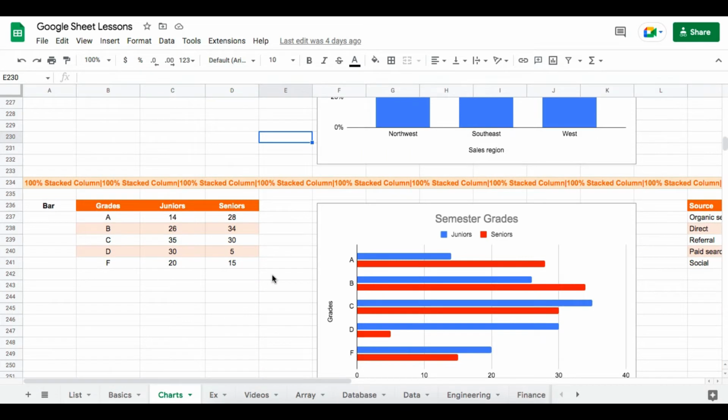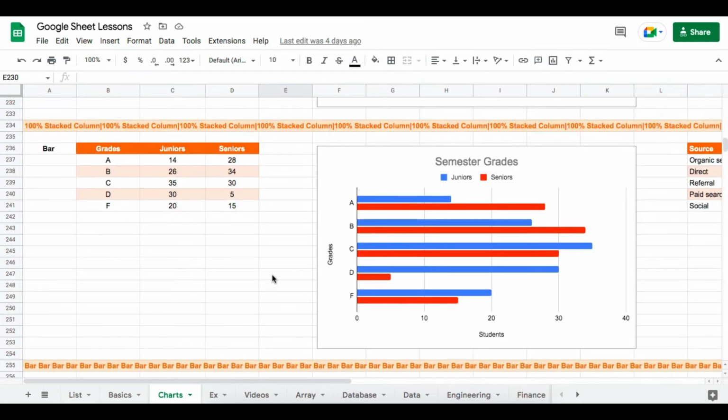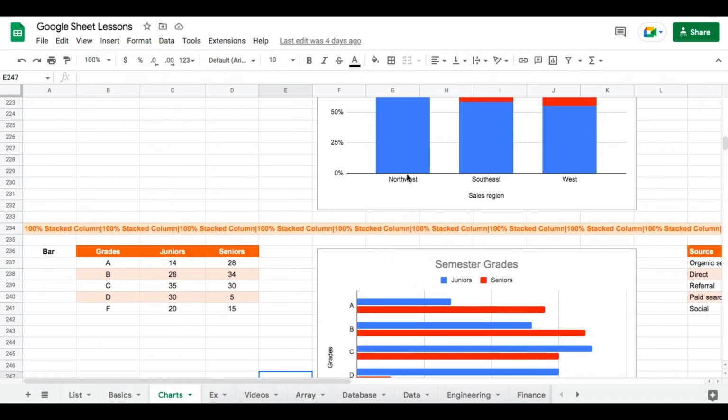Now let's look at bar chart. You can easily use a column chart, but some people like to use a bar chart. One reason people use it is if you have a long name in here, so here it says A, B, C, D. If you have a long name here and a short name on the other side, then it's better to use a bar graph, because if you have a column graph, the bottom will have a big name and therefore it will be too congested.